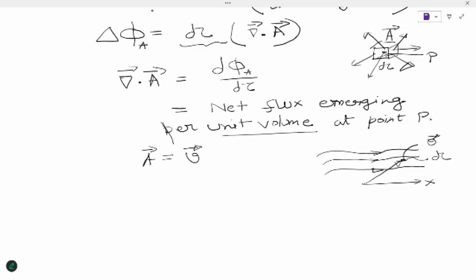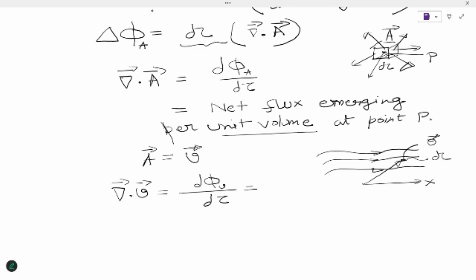So when we take the divergence of v, this becomes d phi_v by d tau. That is the net flux emerging per unit volume at this point for the velocity.